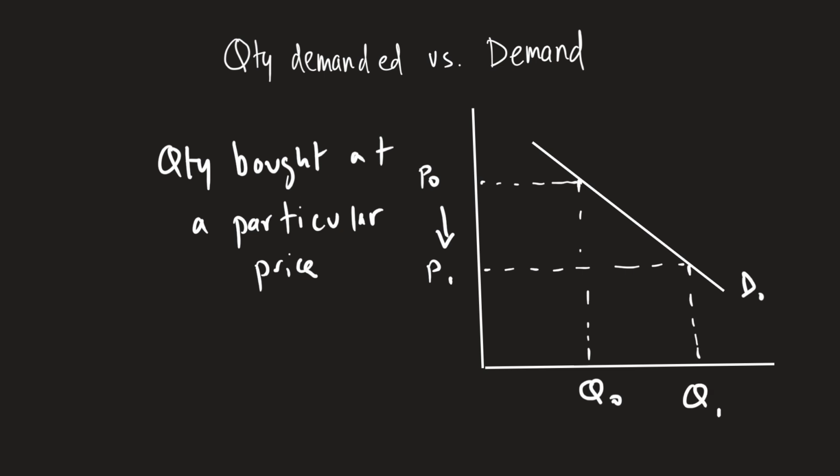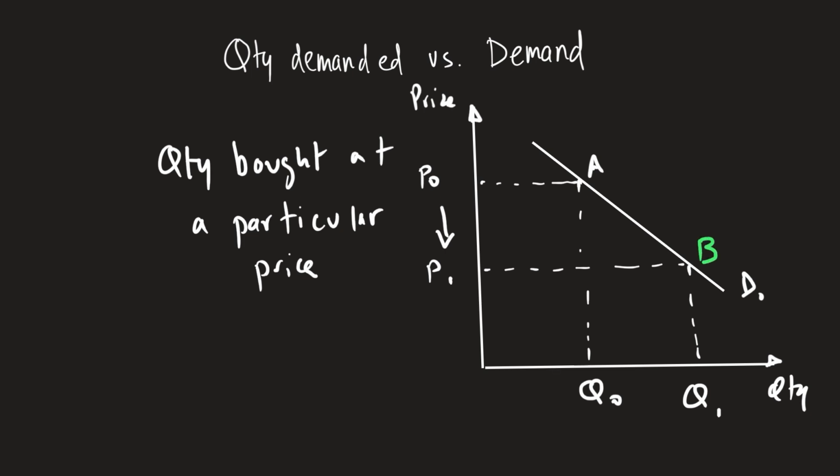While this is the demand for a particular good, let's say this is the demand for cars, let me label the price and quantity. So when this is the demand for cars, the quantity demanded will be the quantity bought at a particular price. For example, at P naught the quantity demanded is Q naught, while at P1 the quantity demanded is Q1.